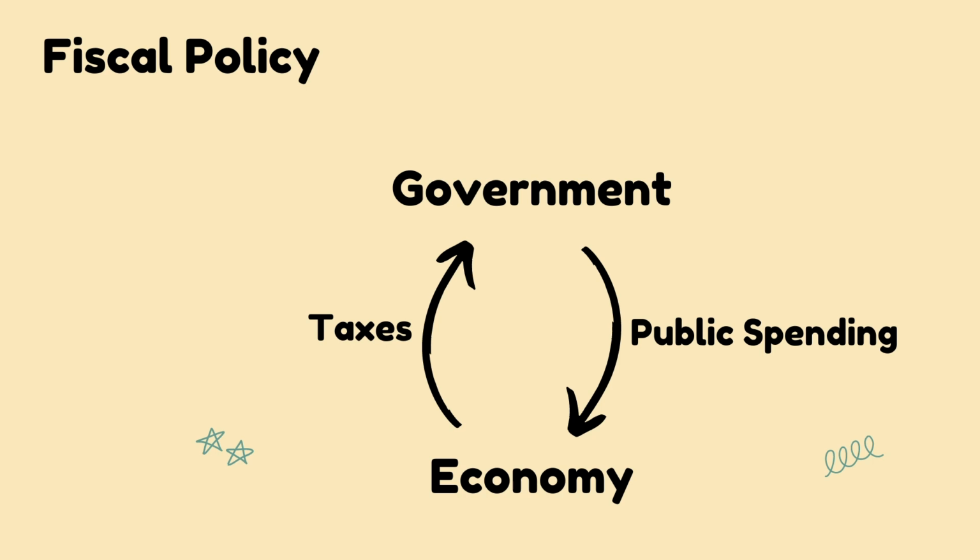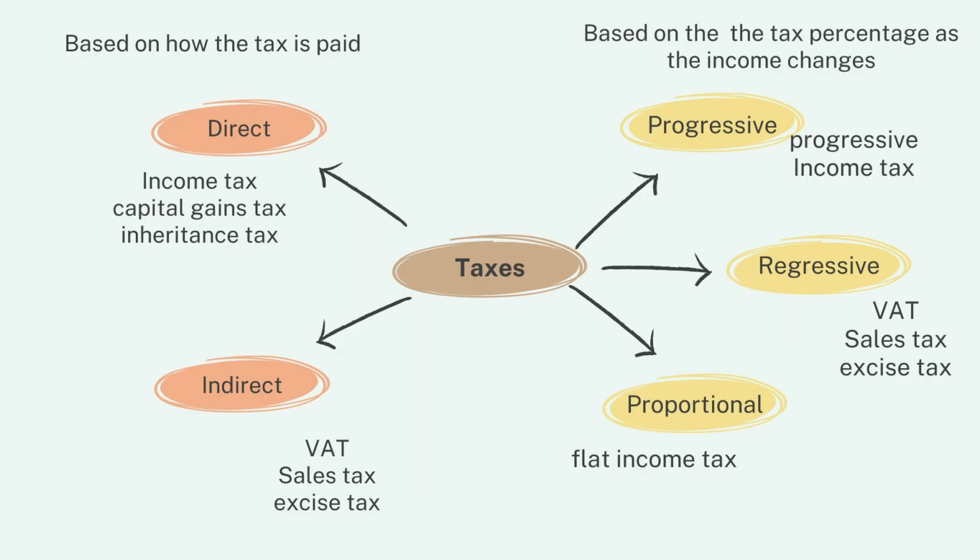Now let's recap today's video. We discussed about the fiscal policy. Fiscal policy is how the government is spending on the public and how the government is raising funds through the taxes. Then we discussed about the taxes. Based on how the tax is paid, we divided taxes into direct and indirect taxes.